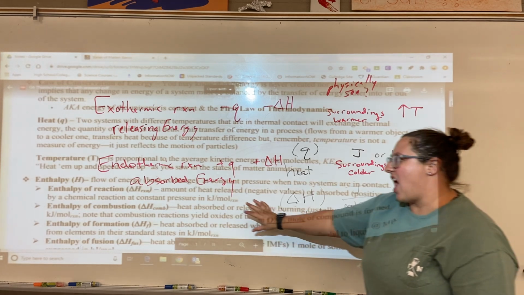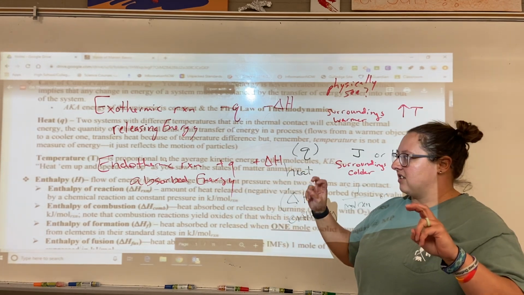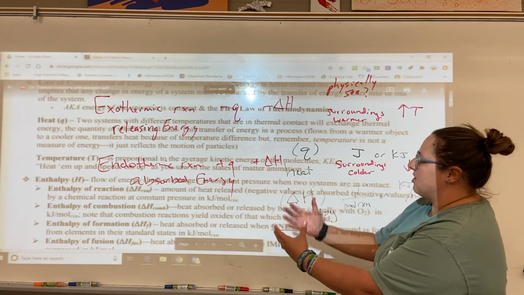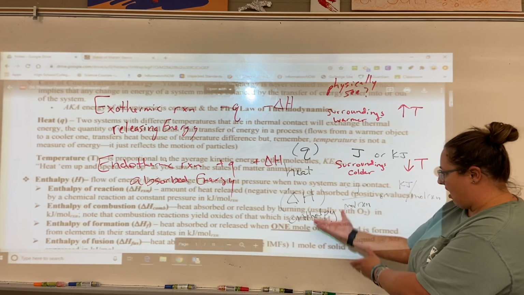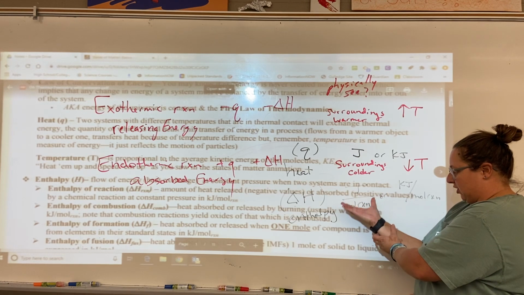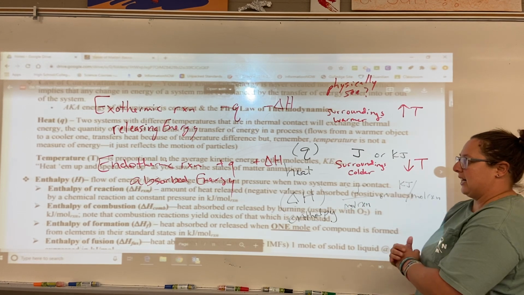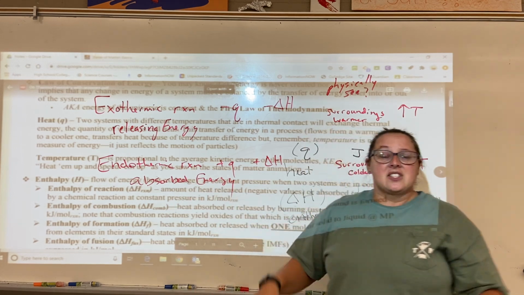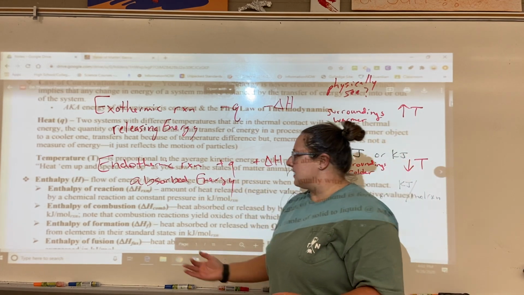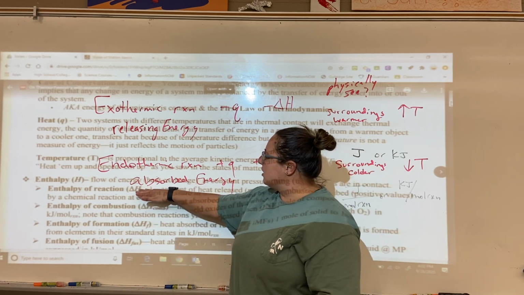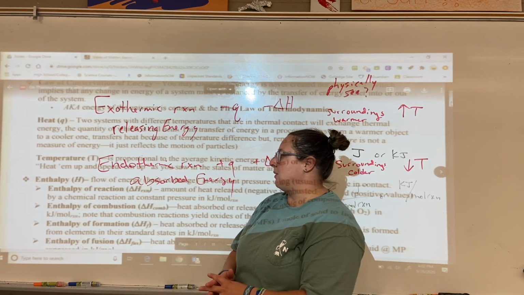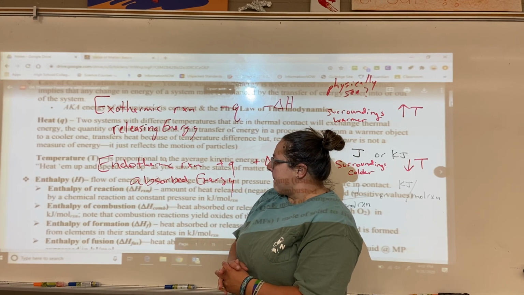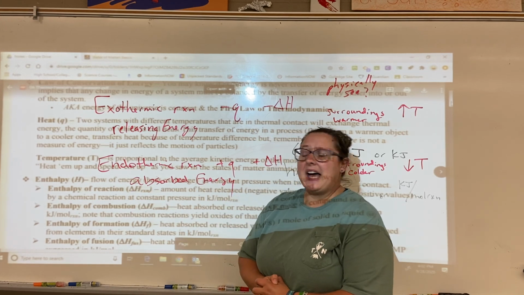Now let's talk about the other terms to know. We see enthalpy is the measurement of the exchange of energy. We talked about this as a measurement of joules per mole reaction or kilojoules per mole reaction. There are lots of different forms of enthalpy. And so all I want you to get from this is to know that we are looking at the overall reaction when we see this. So delta H of the reaction might be for any generic reaction that you have.